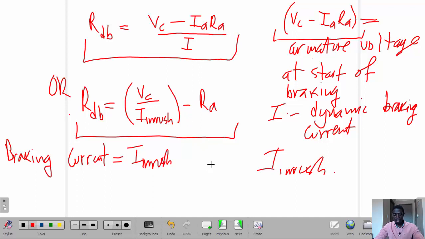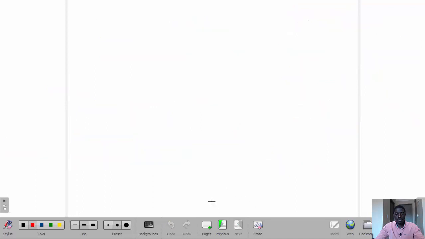Now let's look at our question. The question is to find the ohmic value of the dynamic braking resistor. We've been given the full load current in this circuit as 92 amps, and the supply voltage of 230 volts. The inrush current can be found because the braking current has to be limited to 200% of the rated value.